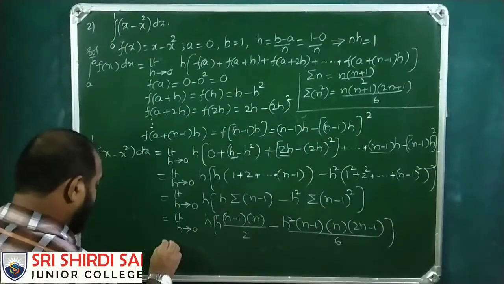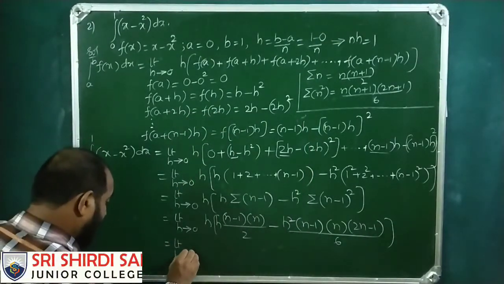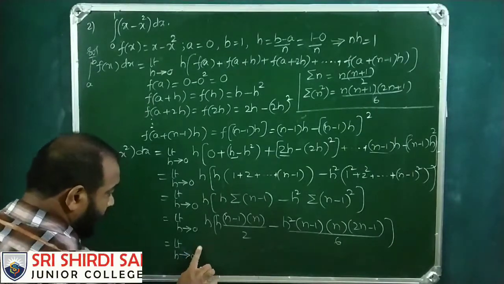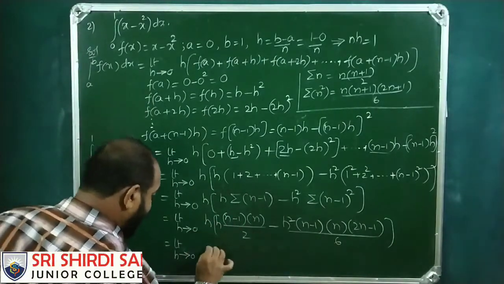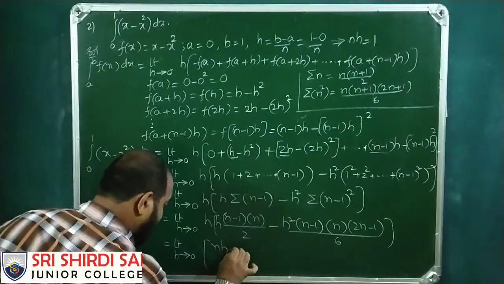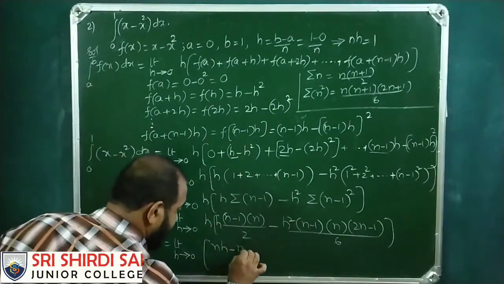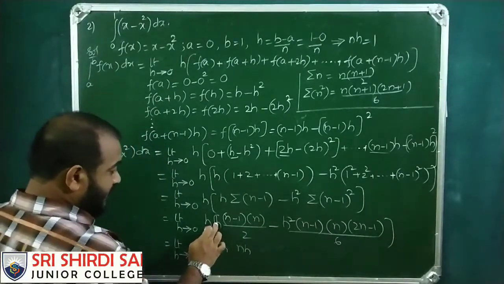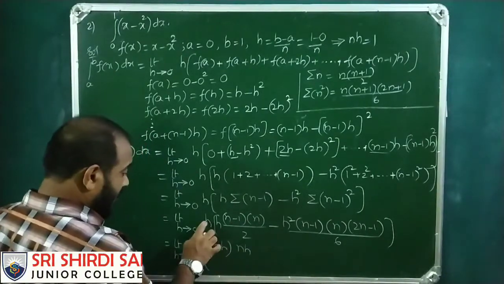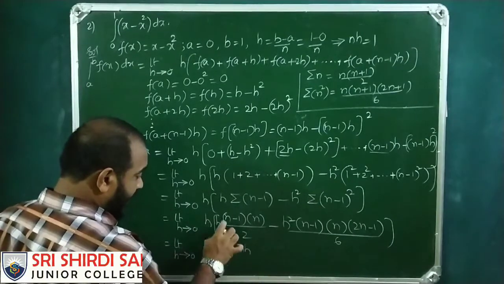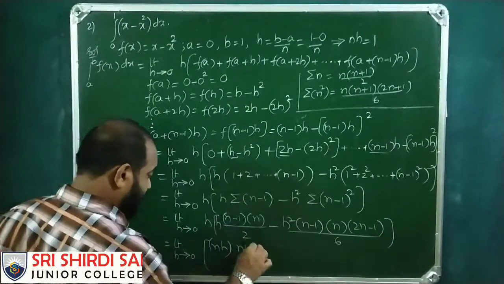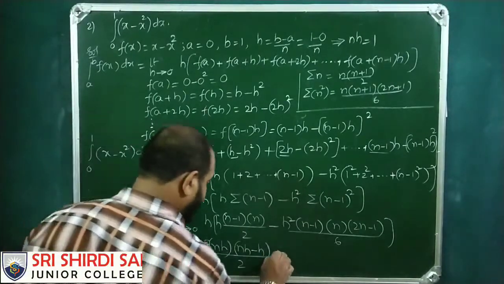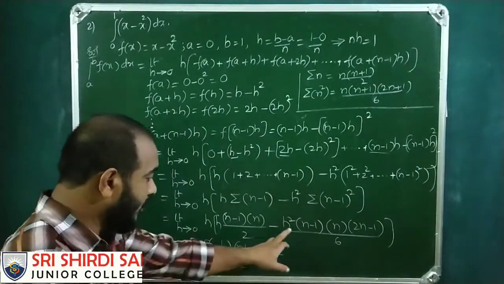That equals the limit as h tends to 0. So h into n is nh, into this; if I multiply h inside: (nh minus h) by 2 minus h into h square, h cube.